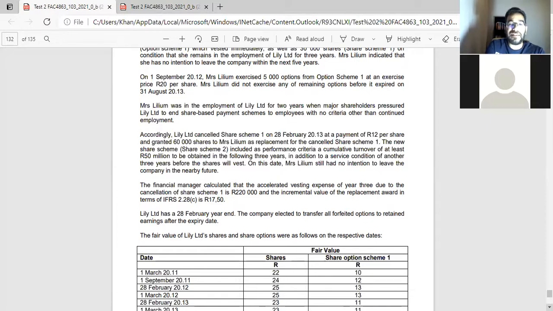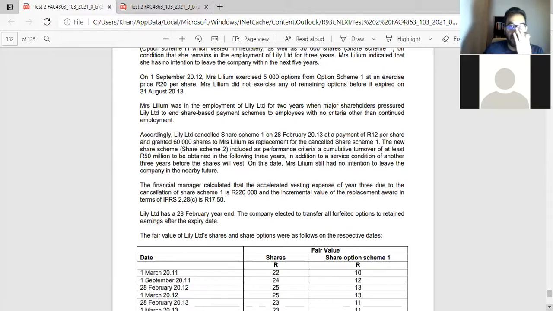The only time you would exercise your right is when the exercise price is less than the current share price. So let's say the current share price is 50 Rand. You will exercise it because you can buy it for 20 Rand and immediately sell it for 50 Rand. So you make a 30 Rand gain immediately. So that is when you will exercise.